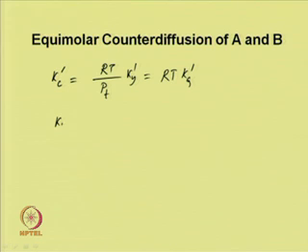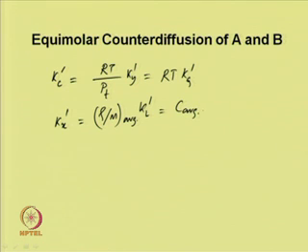Similarly, Kx dash will be rho by M average into Kl dash, which is equal to C average into Kl dash. So, this is the conversion.